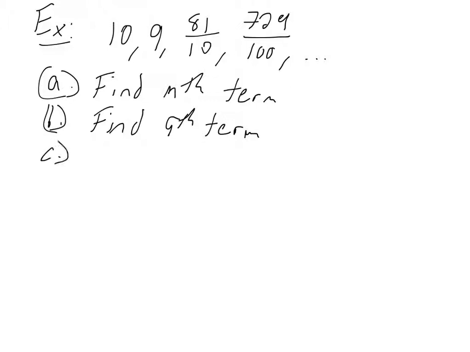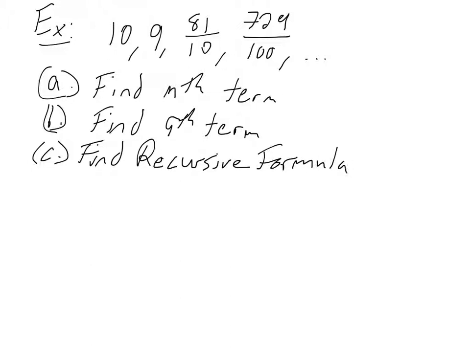Part C, find a recursive formula. And yeah, so go ahead, find the nth term. In other words, find the explicit formula for the nth term of this particular sequence, find the ninth term of the sequence, and then find a recursive formula for the sequence as well.